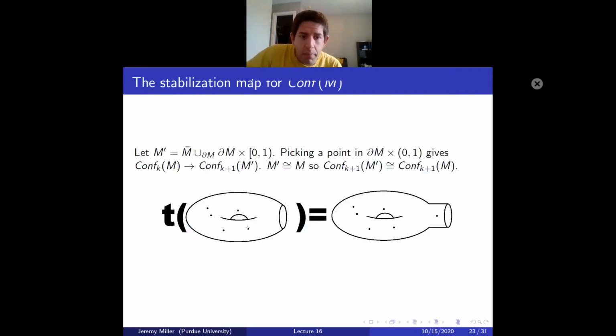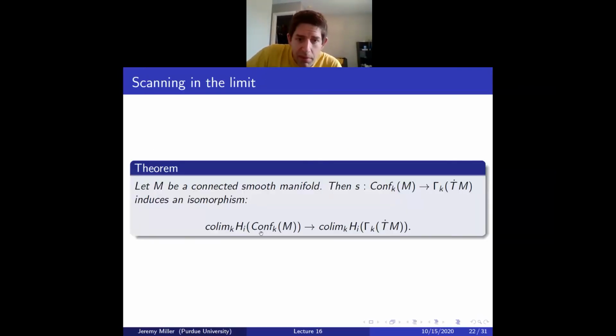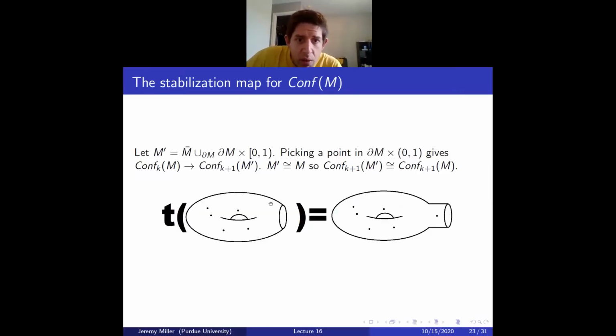So here, what are the maps in this colimit? Recall we defined, for non-compact manifolds, the stabilization map where you take a configuration, glue on a collar neighborhood of the boundary, and then add a point in that collar.